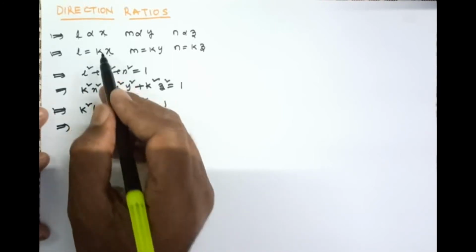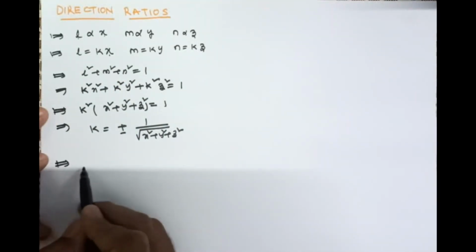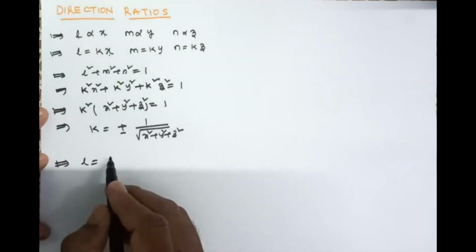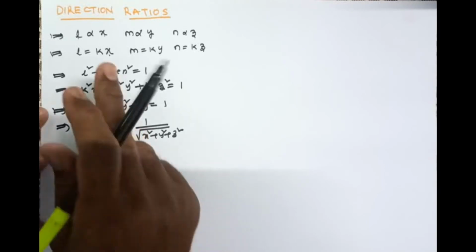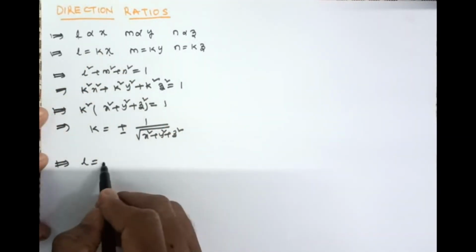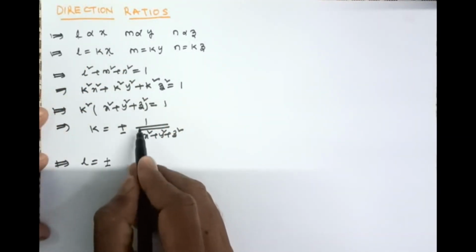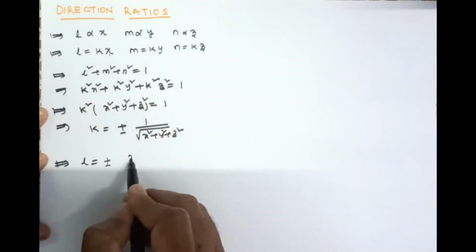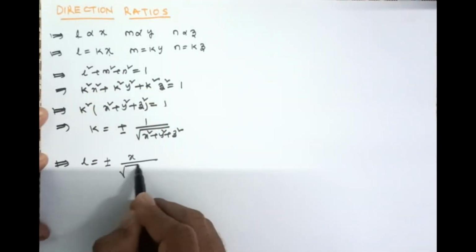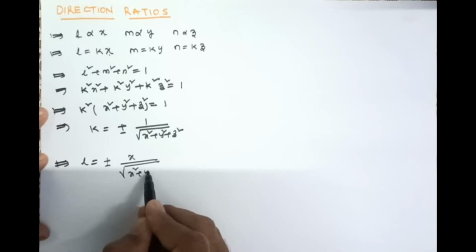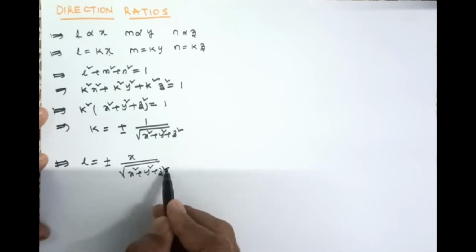So if you write the same value, L equal to k into x, where k is plus or minus 1 by root over x square plus y square plus z square, L is plus or minus x by root over x square plus y square plus z square.